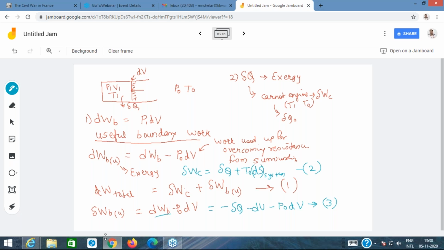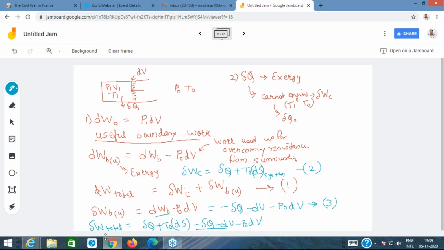So from 1, 2 and 3, you get an expression for del W total. I'm just rewriting this. Del W total is del Q plus T naught ds, plus the useful boundary work, that is minus del Q minus du minus P naught dV.